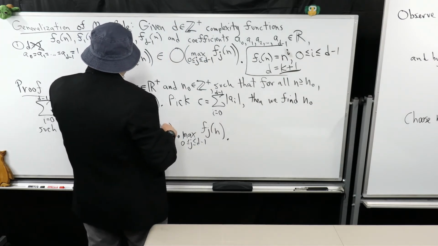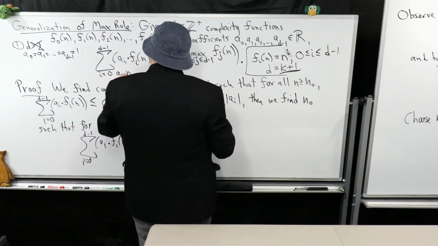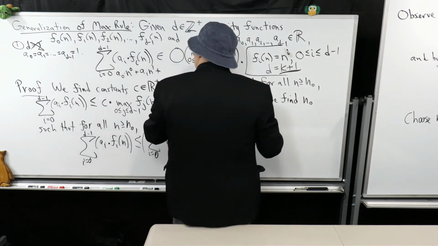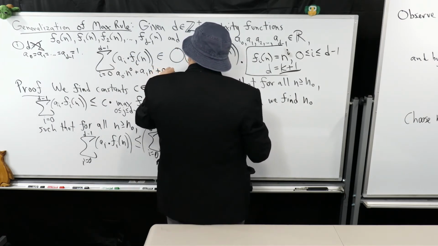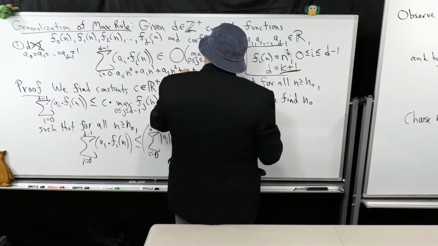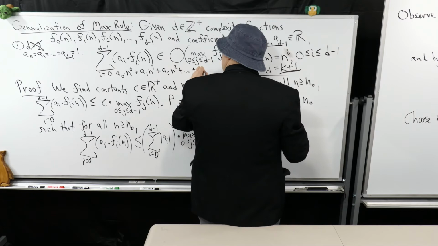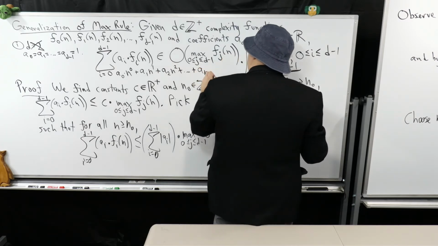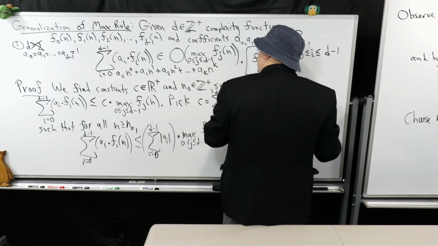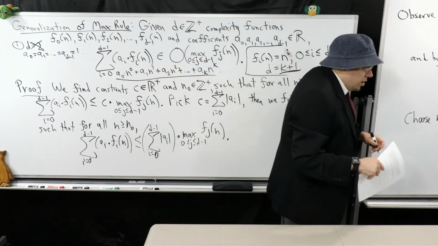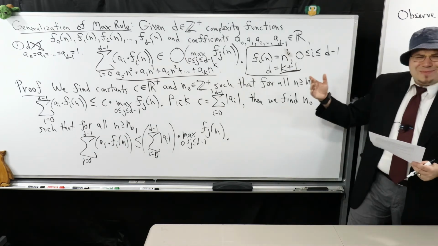So I'll have a0 times n to the 0 plus a1 times n to the 1, a2 times n squared, all the way up to a sub d minus 1, but what's d minus 1? That's, in fact, a sub k times n to the k. So notice that if you write it out like this, it should look awfully strange and familiar to you at the same time.